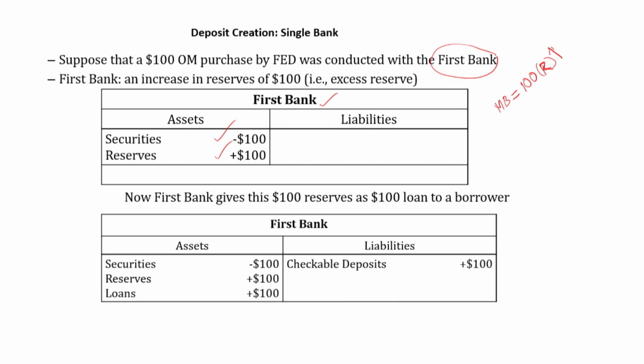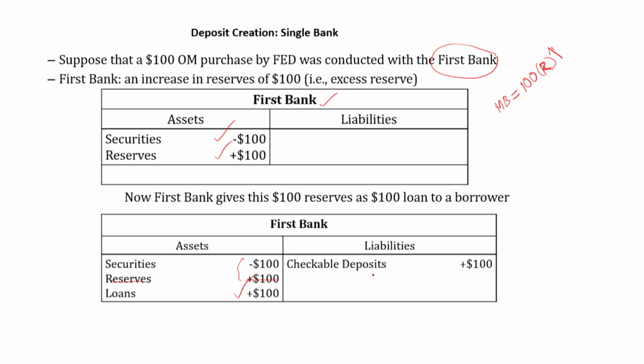When it does that, in the first bank's T account on the balance sheet, securities decline and reserves increase, but now the loans have increased and the reserves disappear.